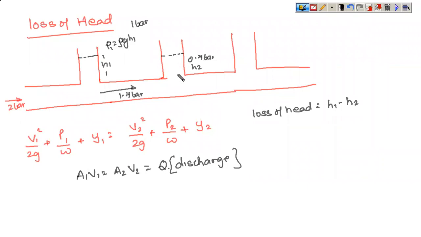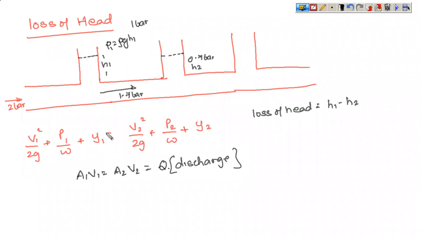If the diameter is more, velocity will be less, which means pressure will be more. So if the pressure is more, you will get a greater height. H2 will be more, so H1 minus H2 will be negative. That means there is an increase of pressure head. So loss of head is the loss taking place either due to friction or due to dimensional properties.